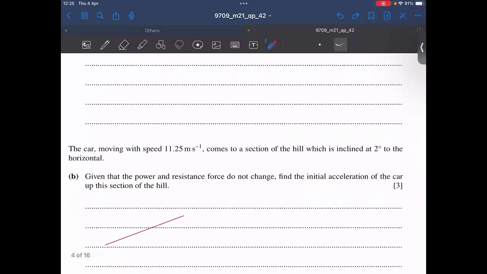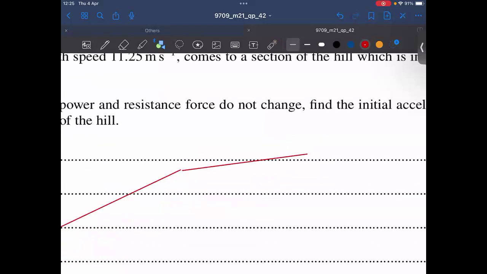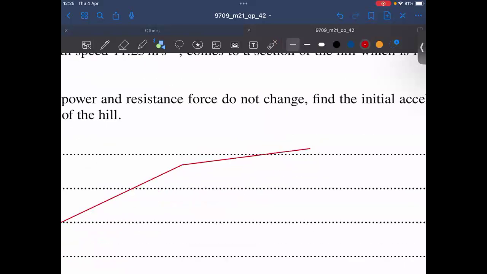All right, let me show you how it's going to look. Like this. So it's going to be like this, it's going to be 2 degrees.